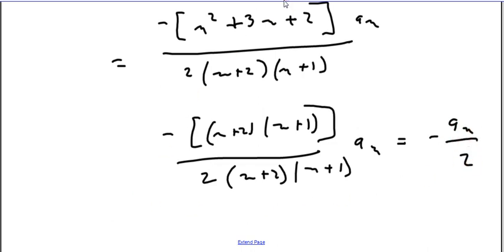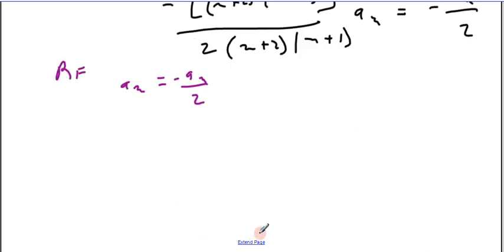So my recurrence formula is minus an over 2. Isn't that lovely?